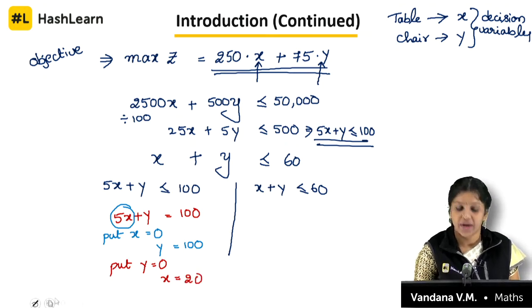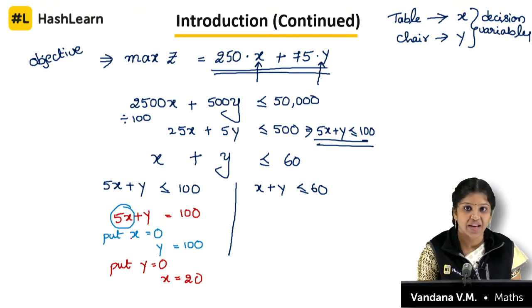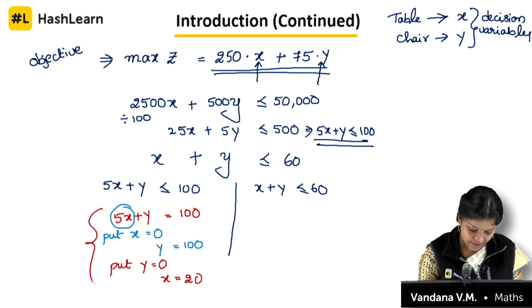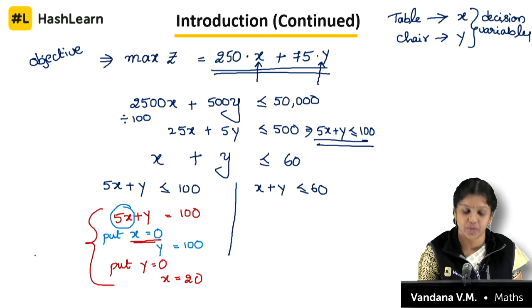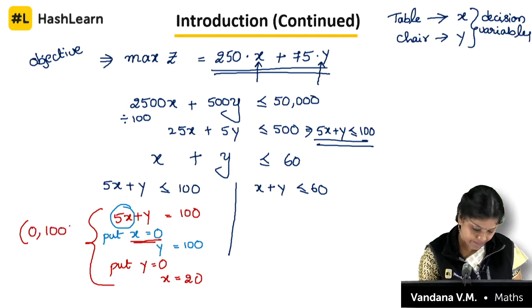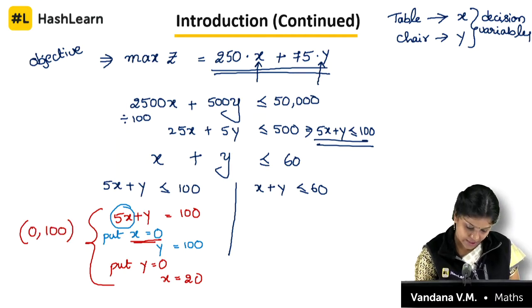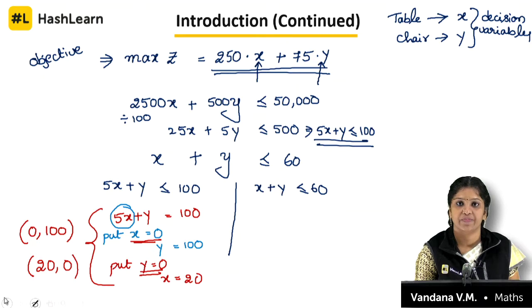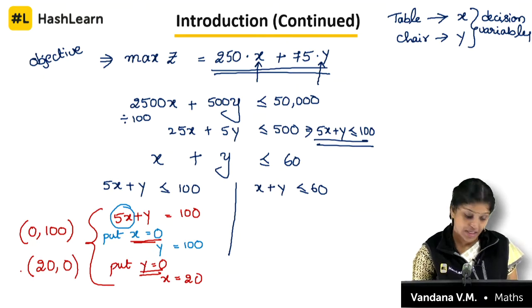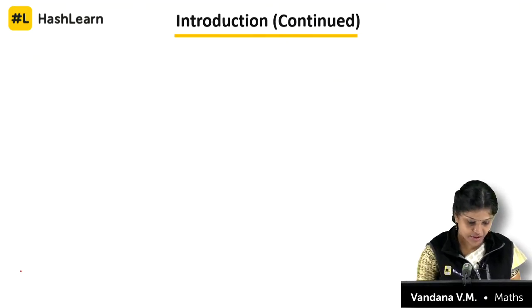Here in the same equation I get 5x equals 100, so x is 20. How will I write the points now? The first one is x equal to 0, so the point is 0, 100. The second one is 20, 0 because y is 0. These are the 2 points. Let me draw the diagram first.